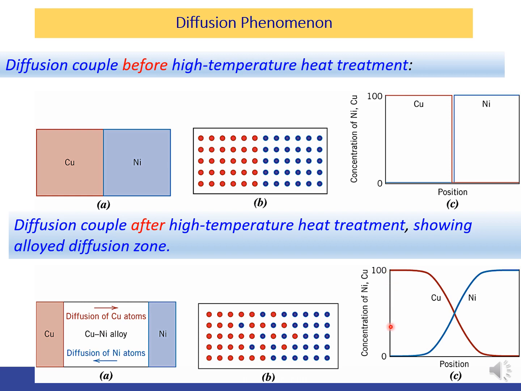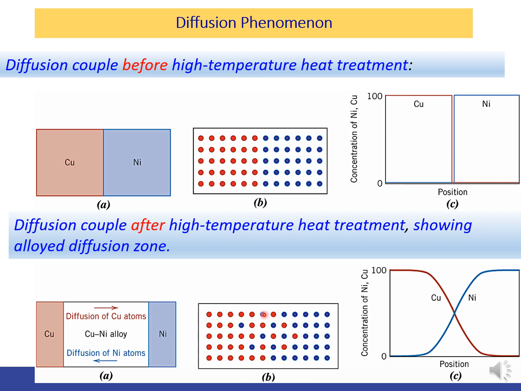At the far left, we have 100% copper, but the concentration of copper is decreasing to the right, or into the nickel side, and decreasing all the way to 0. For the nickel as well, at the far right, the concentration is 100%, but it's slowly decreasing, not sharply to 0, but gradually to 0, all the way to the copper side.